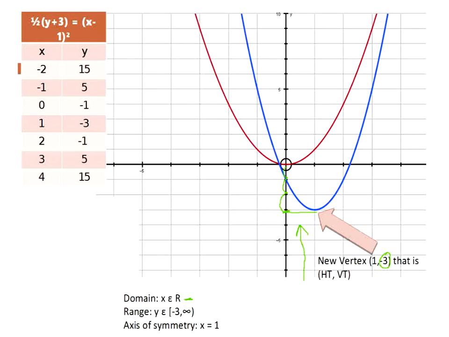And then this graph goes up to infinity, so I have to remember that there's a square bracket around the -3 and a round bracket around the infinity. And then we have x equals 1 as the axis of symmetry, because again, this is the line that the graph would be reflected on. And that's always going to be the x value of the vertex.